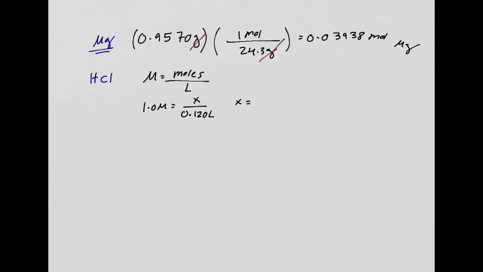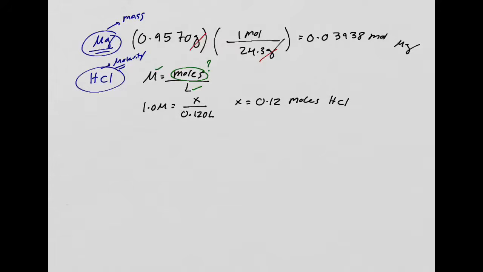So if I find X, it would be the moles of HCl. You guys follow that? So for Mg, I have the mass, I can figure out the moles. For HCl, I have the molarity and the volume, so I can also figure out the moles because molarity is moles per liter.